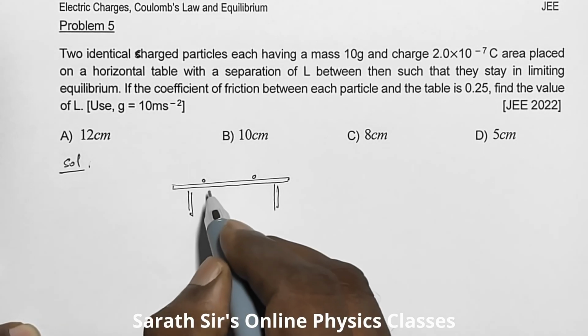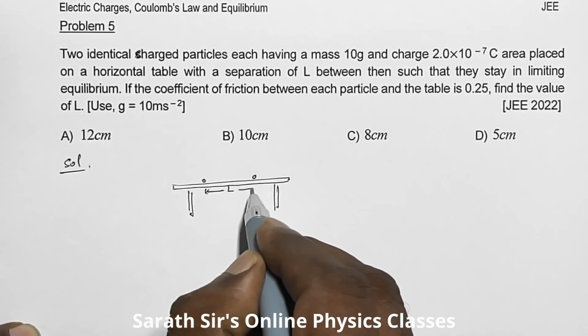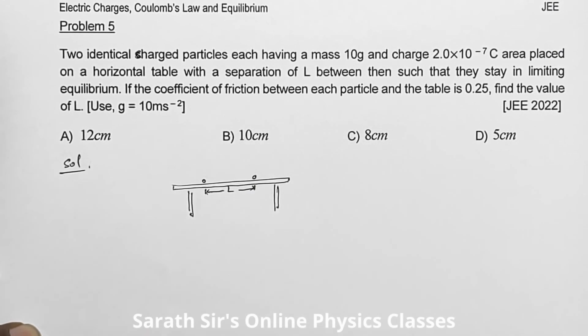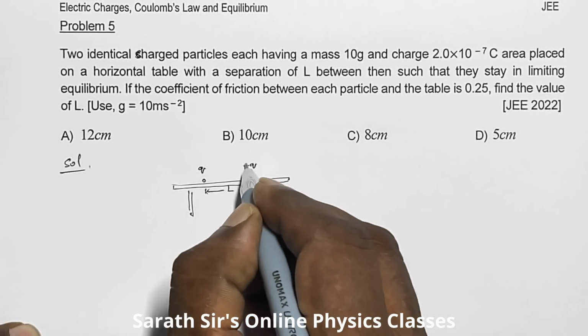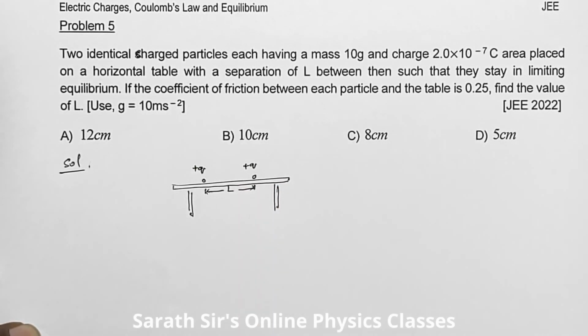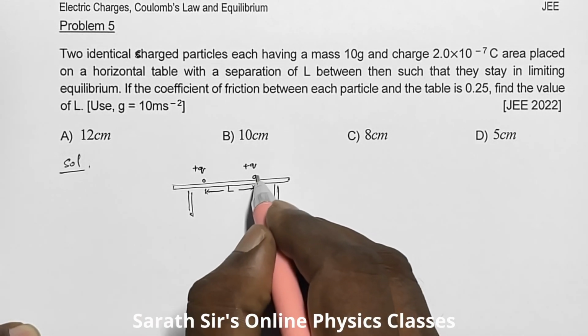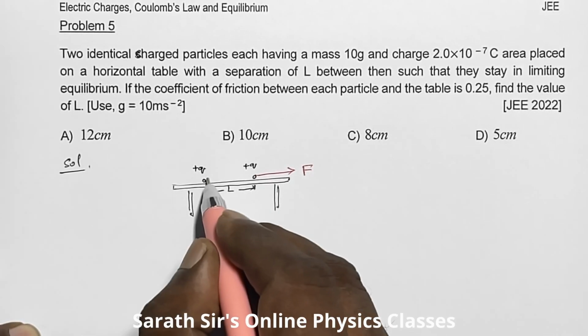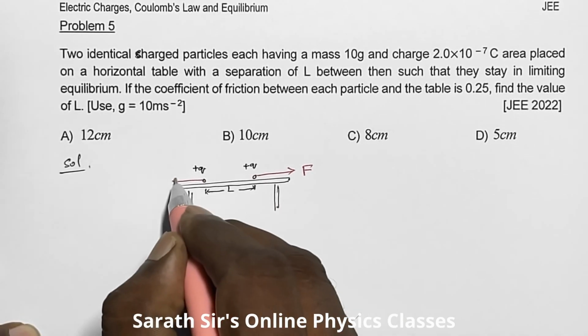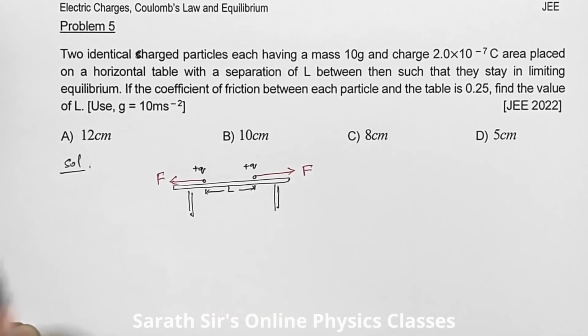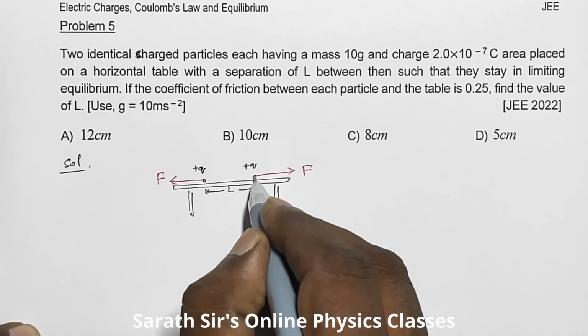The distance between them is L. Now both are having similar charge, this is plus Q and this is also plus Q. Because like charges are there, they repel each other with Coulombian force F. This charge will repel that charge in this direction, and the second charge will repel the first in the other direction. That is the force acting, and these particles are having mass m.